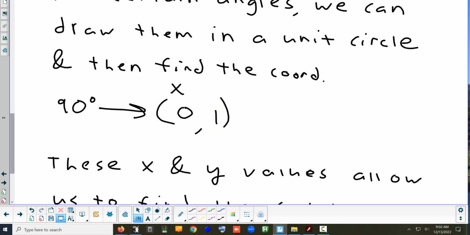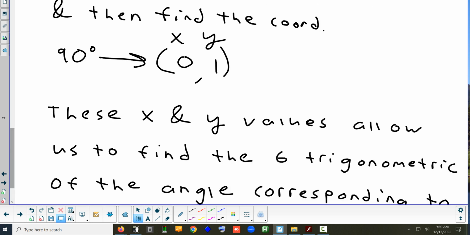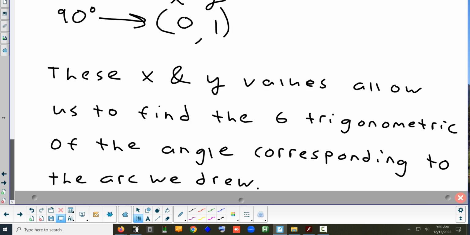And what do you call the second number? Yep, y, the y value. If you know these x and y values, we can find what's called the trig functions of 90 degrees. But we need to know these two numbers, the x value for 90 and the y value for 90.